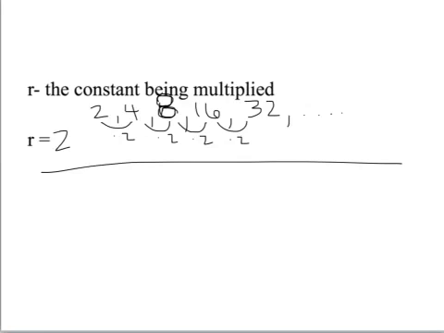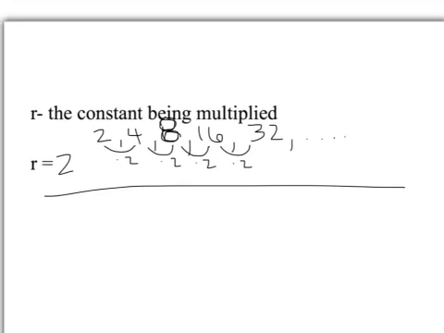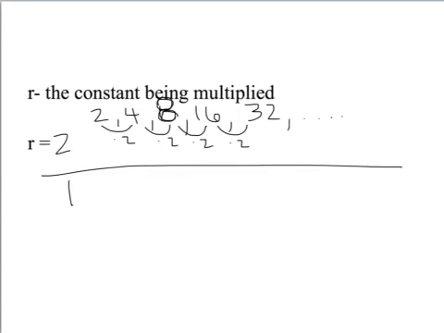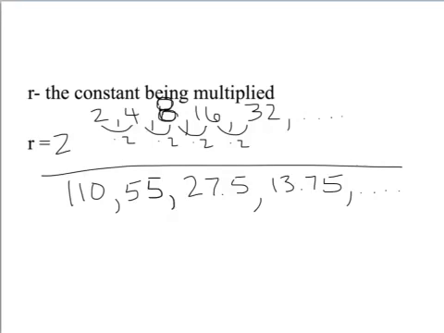Sometimes, though, your progression is going to look like this, where you have a sequence that might start with 110, go to 55, and then go to 27.5, which would go to 13.75, and onward.